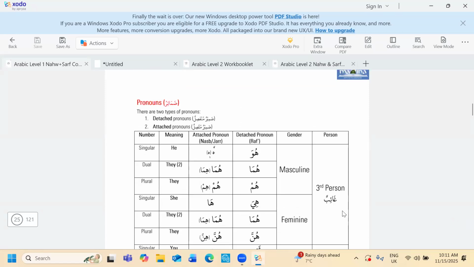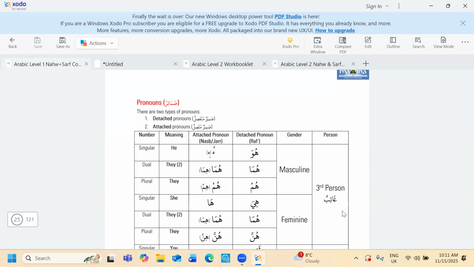Okay, so where did I stop? I've lost my thought. Dhama'ir, wasn't it? Okay, so we said the word dhama'ir is a broken plural. Now when it comes to pronouns, we have two types of pronouns.